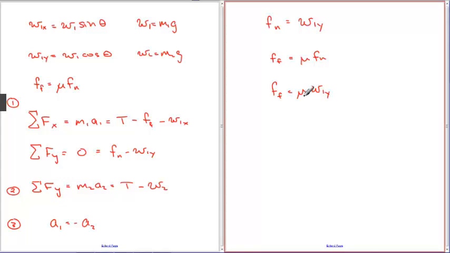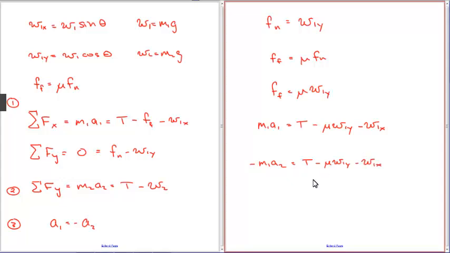Okay, now we can substitute that into here. So we'll have M1 A1 is equal to T minus the friction force, which is mu times W1y, minus W1x. These two we know, this we know. This we don't know, and then we're going to do the substitution for acceleration. So we can put this in terms of A2. So we have M1 times A2 instead of A1 is equal to T minus mu W1y minus W1x.